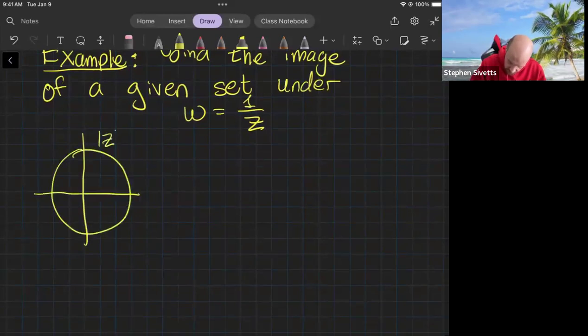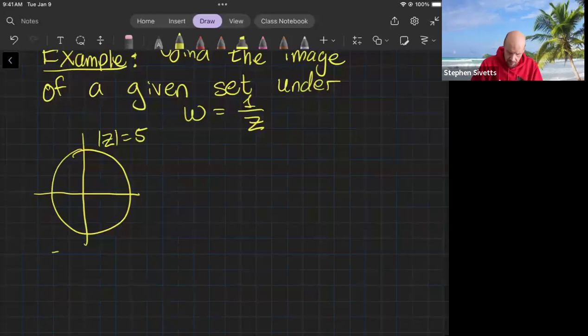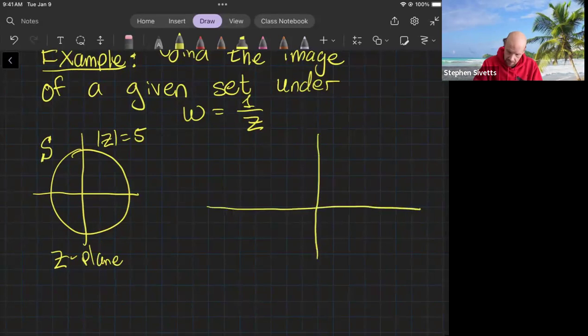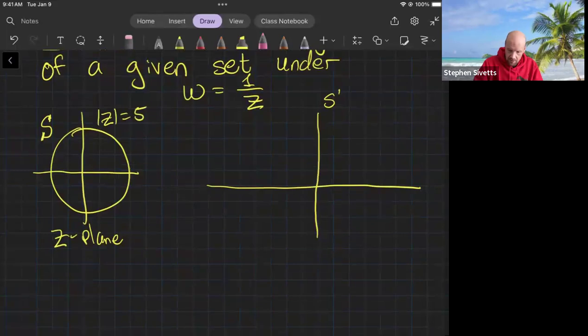So this is the circle of radius 5. I want you to pause the video and look at what the image of the set would look like. This shouldn't take that much time to think about. If we have the set S, which is the circle of radius 5 in the Z plane, the set S prime, well, just look at what W is in terms of polar coordinates.